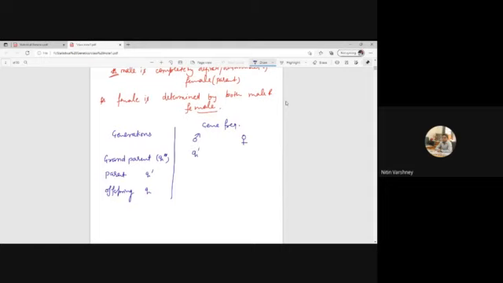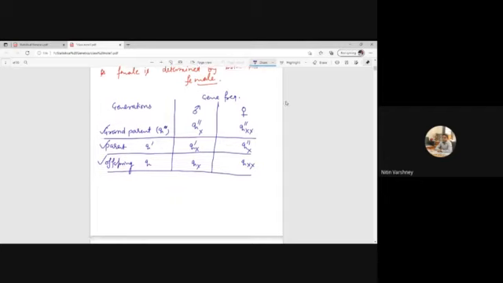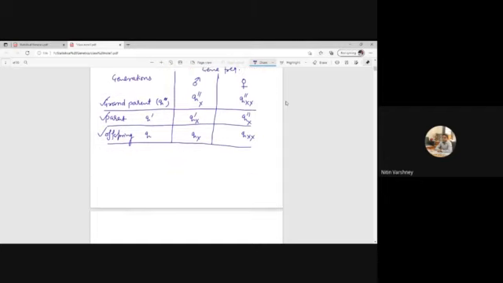We can write Q double prime X and Q double prime XX. This is Q prime X, Q prime XX, QX, QXX. So I have made this table for 3 generations: grandparent, parent, and offspring. And this is my general overall frequencies of male and female of different generations.